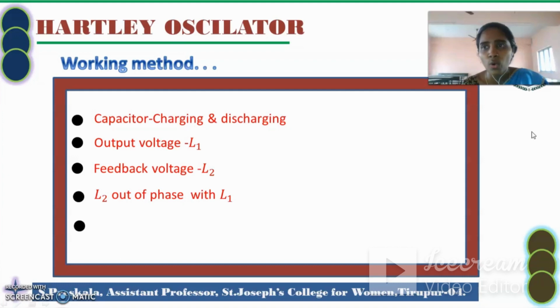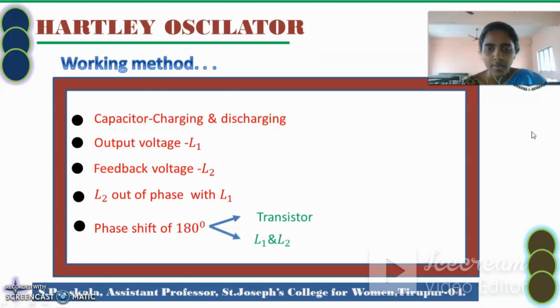So L2 output should be out of phase with the L1 output, which means they both should have different phase. And afterwards finally we will get 180-degree phase shift with the help of transistor action, and L1 and L2 coil.